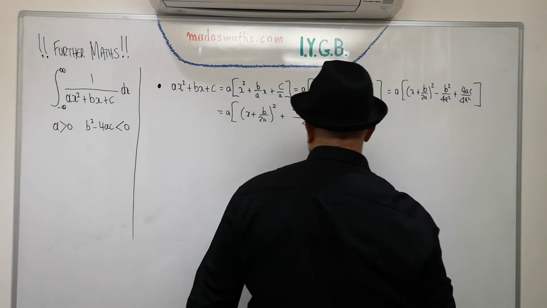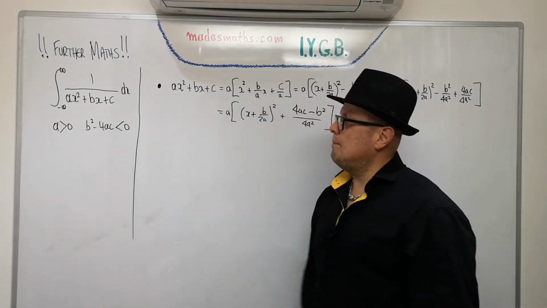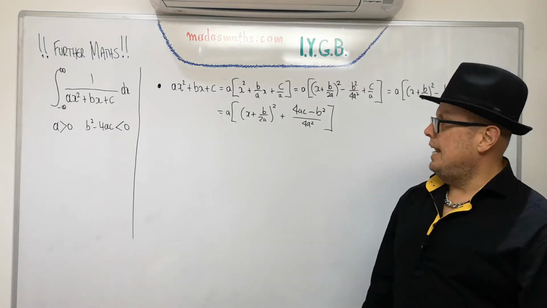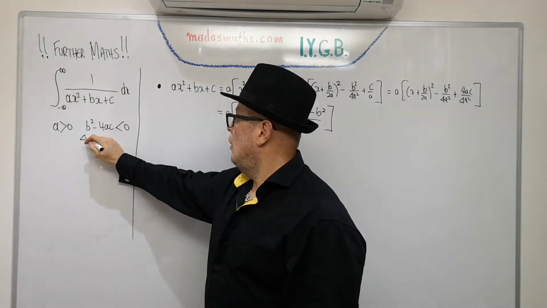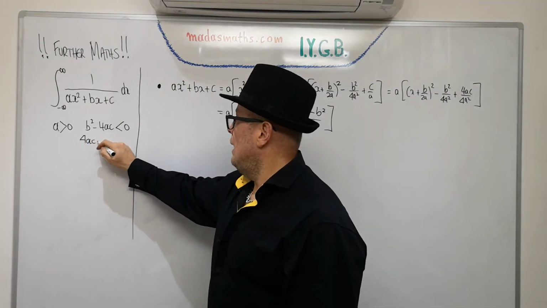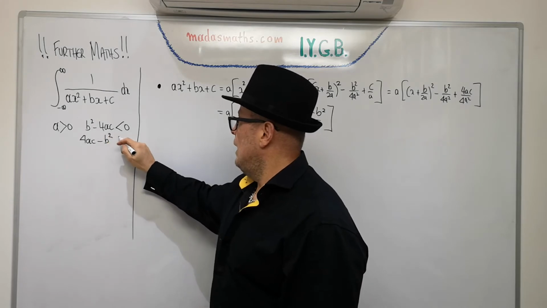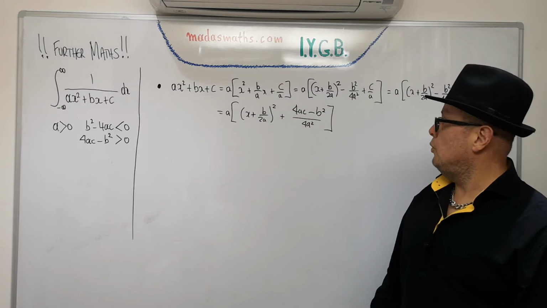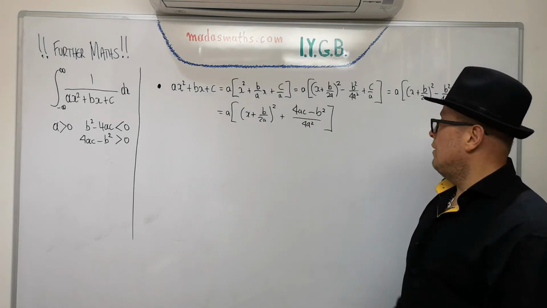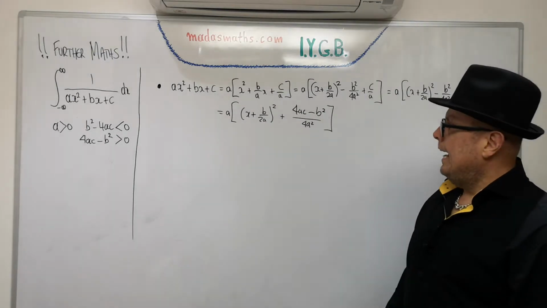And let us note, since b squared minus 4ac is less than 0, then quite clearly 4ac minus b squared must be, of course, positive, because this is what I've got in here. So this is a positive quantity. I can actually take square roots if I wanted on this particular one.